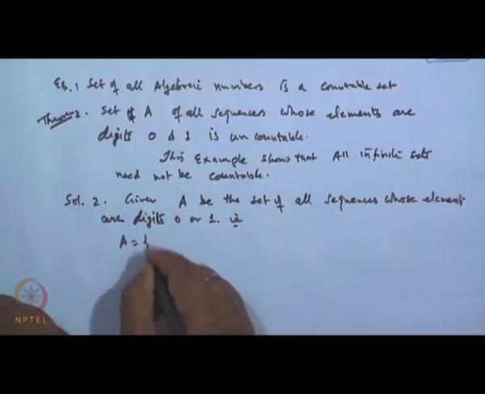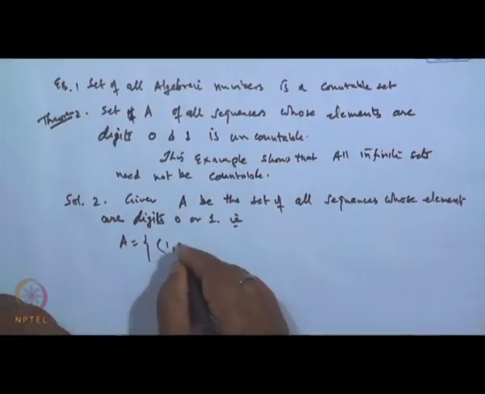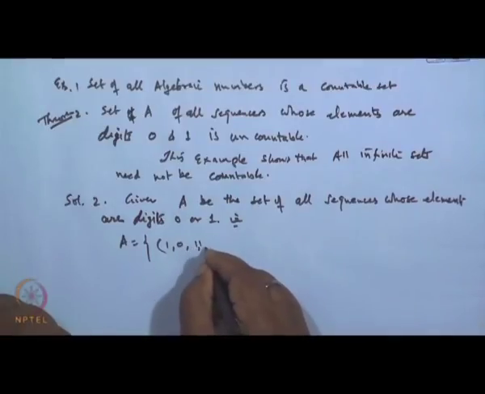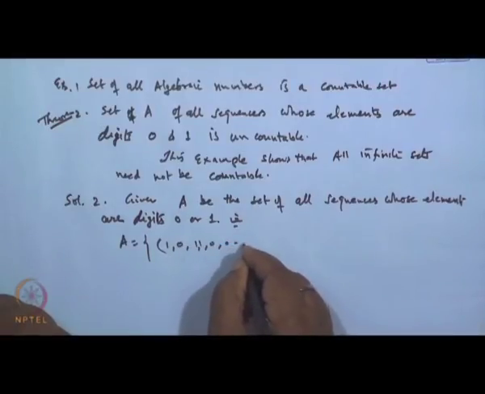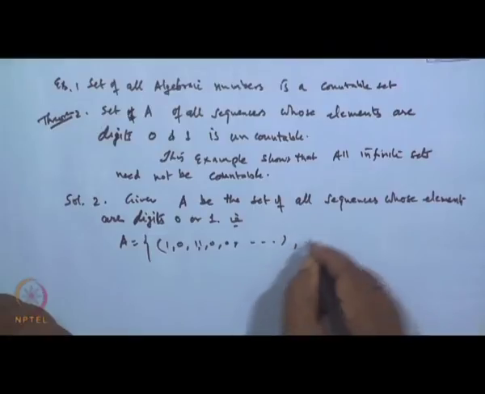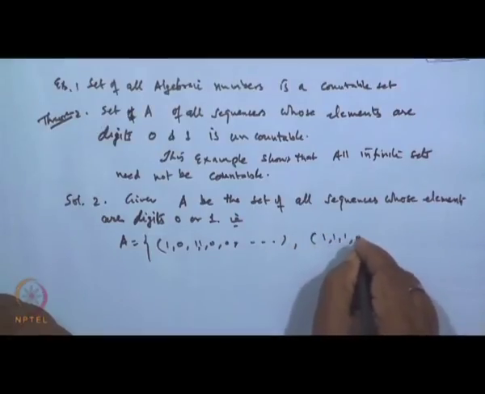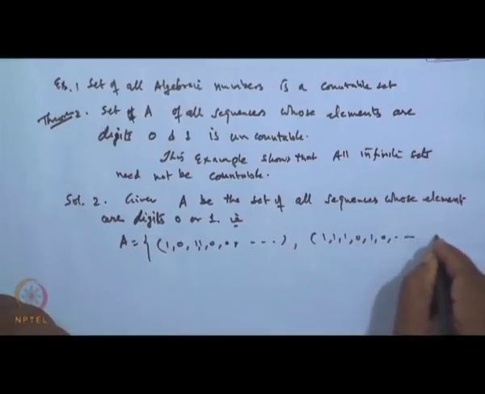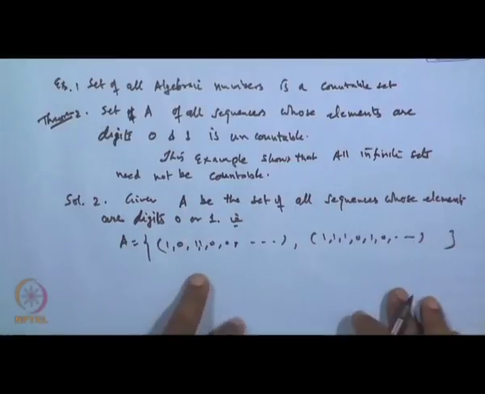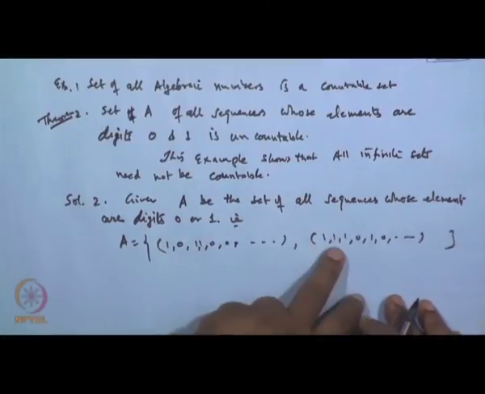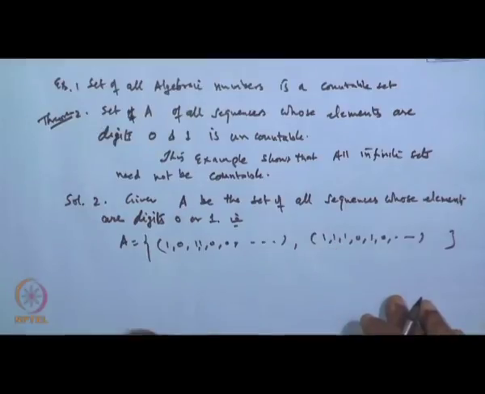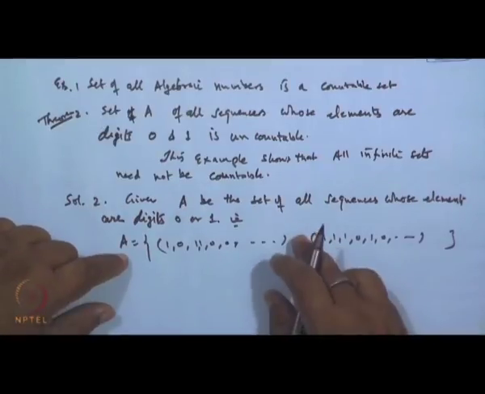That is, A will be a set of this type of sequence, say 1 0 1, 1 1 0, or maybe 1 1 1 0 1 0, like this. Means all these infinite sequences where the digits are either 0 or 1. We claim that this set will be an uncountable set.